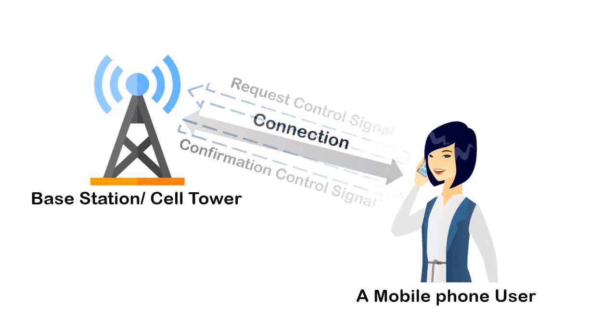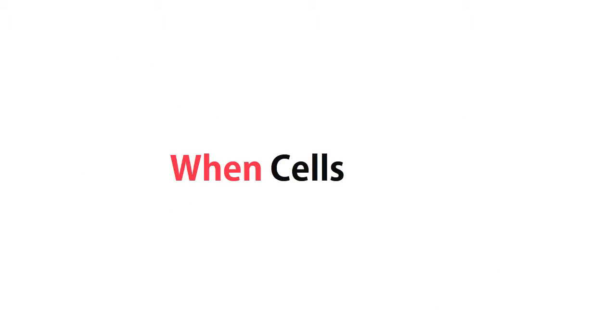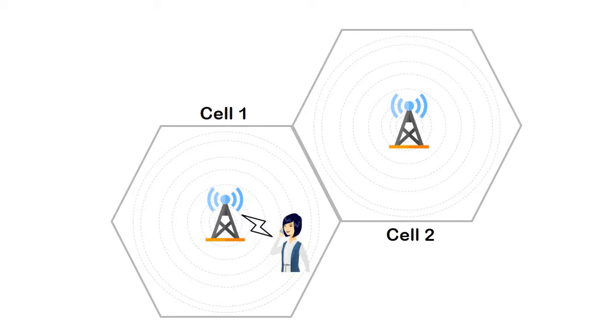And that's how the call connection process works. But we can never assume that the users are going to remain stationary, which means that either the caller himself or the receiver might change their places during their on-call as well. And while doing so, they may switch the cells, which means that they may shift their location from one cell to another. We have already seen that when we switch the cells, the adjacent cells never share the same frequency.